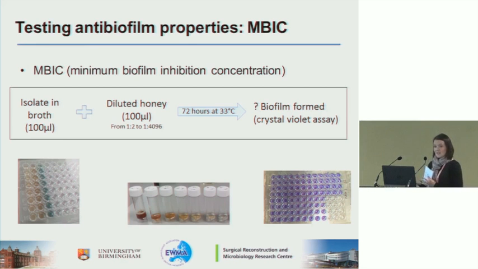I then incubate this plate for 72 hours at 33 degrees C, which is the temperature of the surface of a wound, according to a paper that I read. After 72 hours, I assess for biofilm formation using the crystal violet assay. This gives you the minimum biofilm inhibition concentration of the agent that I've tested.